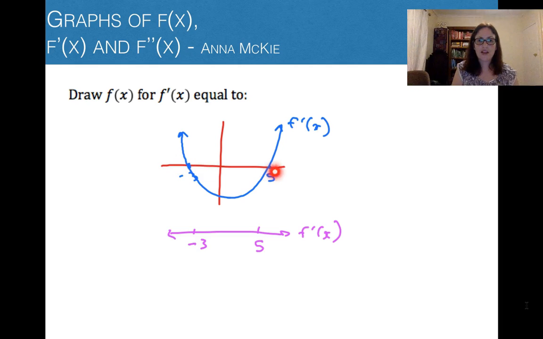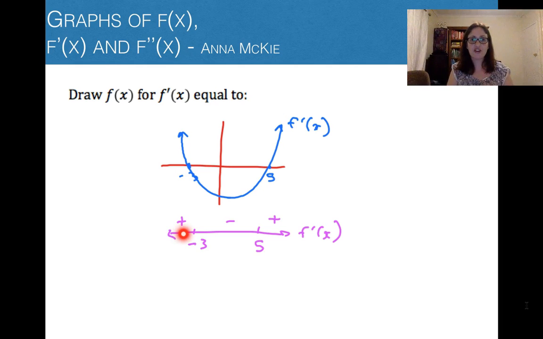So if it's the sign diagram to match the graph, here it is above, then below, then above. Above means positive. And now you can interpret this sign diagram for the function one order above, which is f of x. And now these positives and negatives tell you about the slope of that function graph.